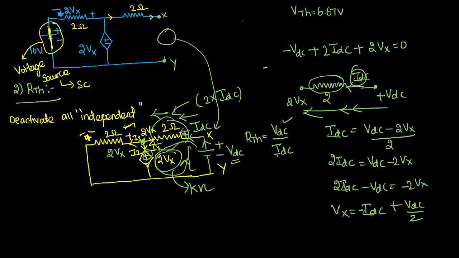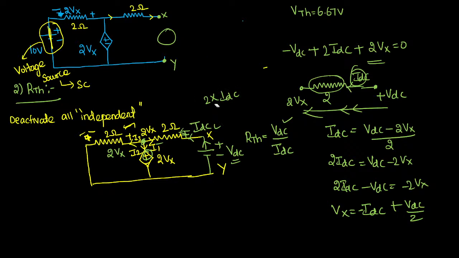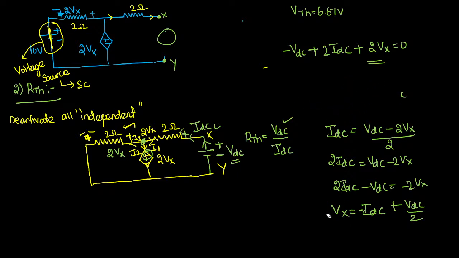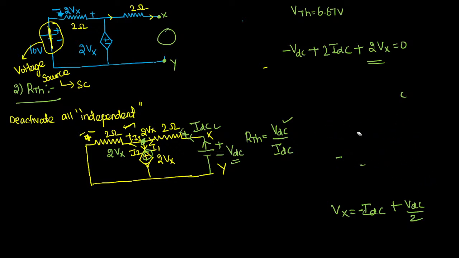So now you can substitute that value here, right? One second. I think in both of these cases we got the same result, right? One minute, guys. I think if you substitute, the net value will become 0, because in both cases we got the same result. Whatever Vx equation we have found now, if you substitute it, we again get the same expression only.